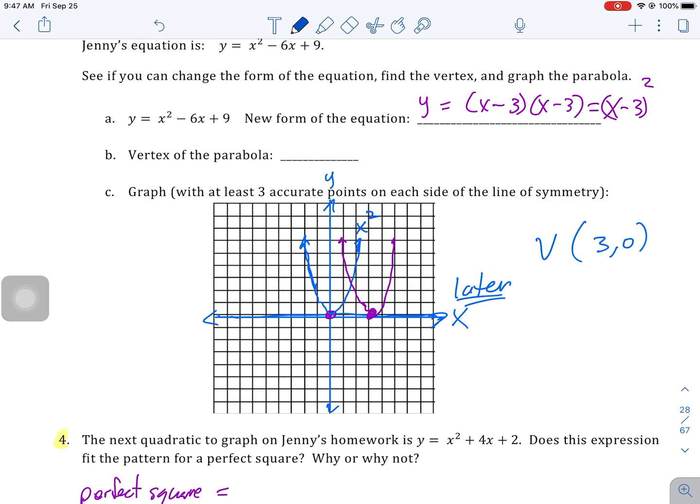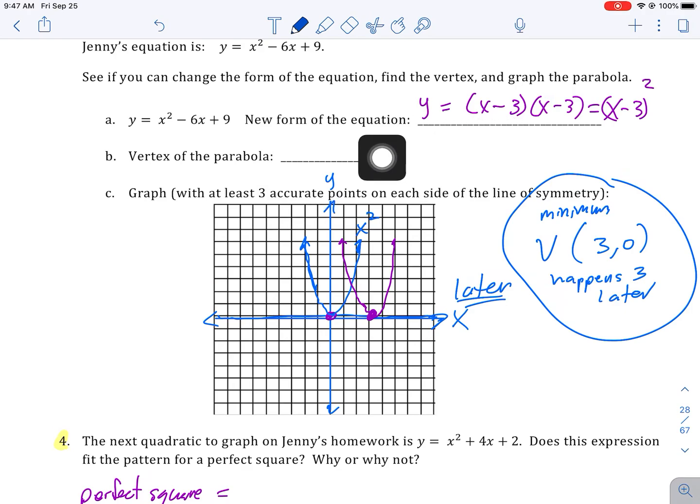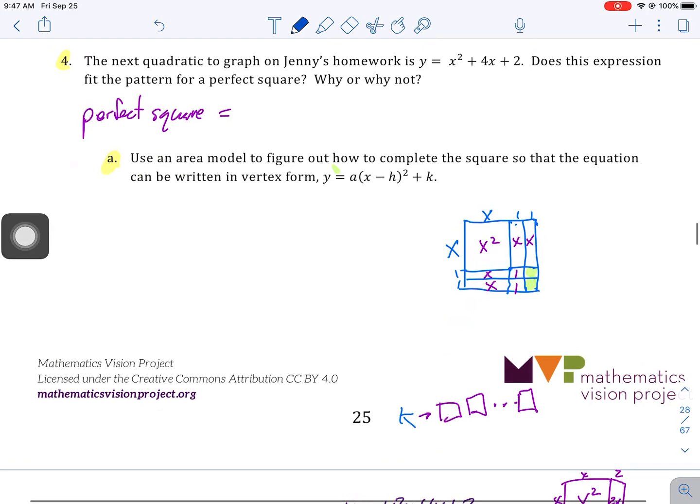That's the minimum value. And it happens 3 later. Okay, and that's because you're subtracting 3. It's a little counterintuitive. Then they give you another one, x squared plus 4x plus 2.